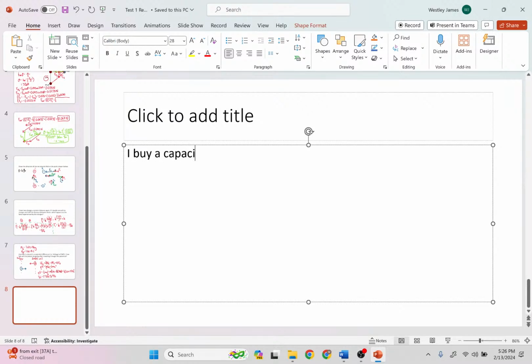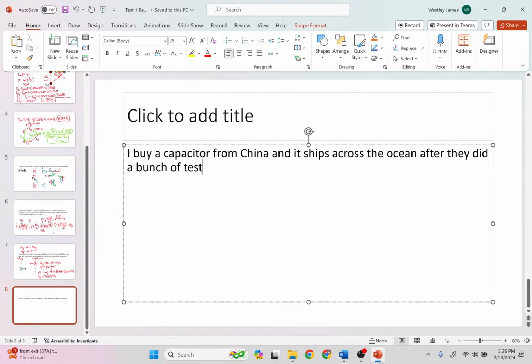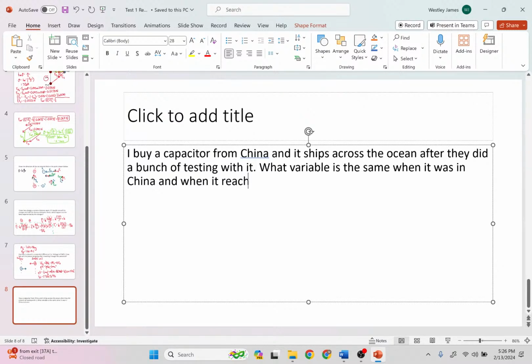I buy a capacitor from China, and it ships across the ocean after they did a bunch of testing with it. What variable is the same when it was in China and when it reached me?